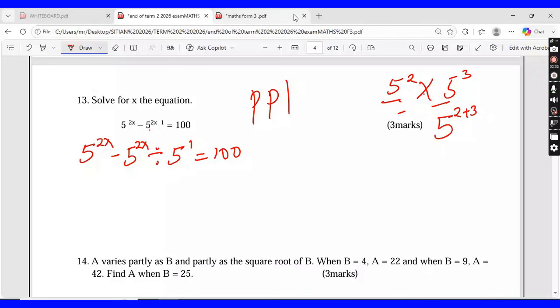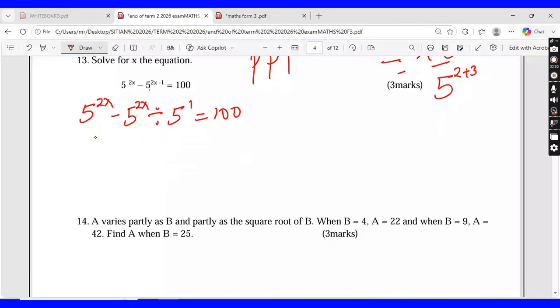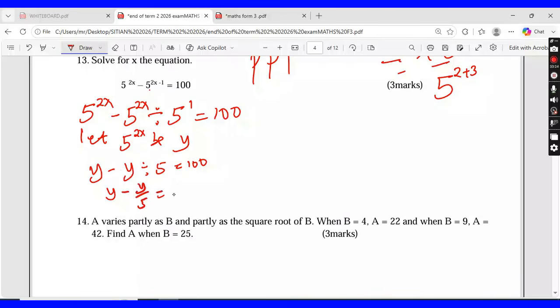Once you know that, you let 5 raised to power 2x be y. So we will have y minus y divided by 5 is equal to 100.